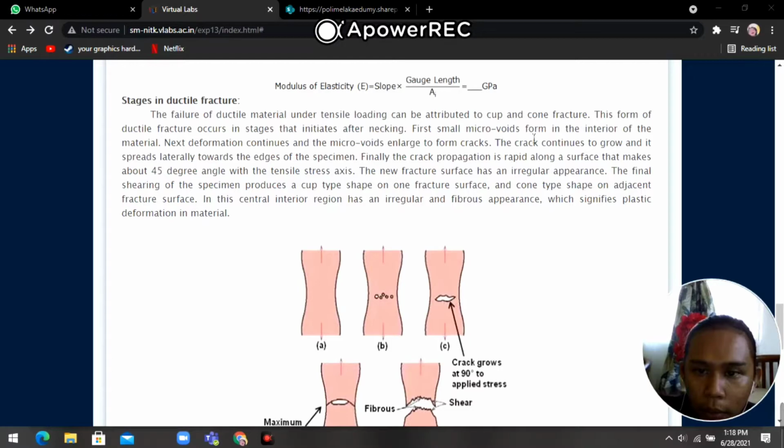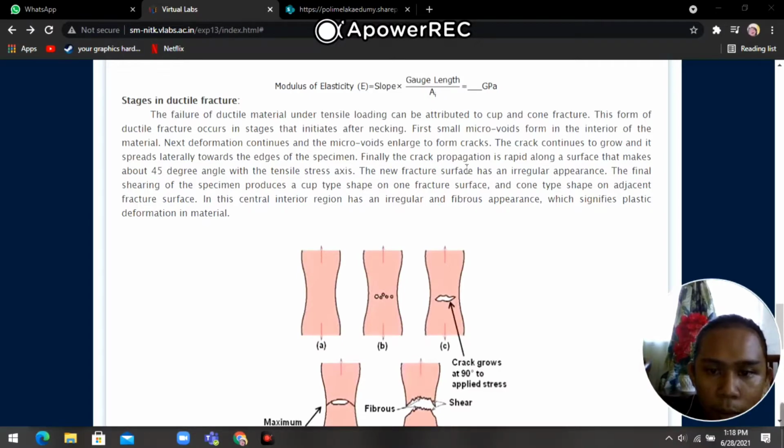First, small micro voids form in the interior of the material. Next, deformation continues and the micro voids enlarge to form a crack. The crack continues to grow and spreads laterally towards the edge of the specimen.